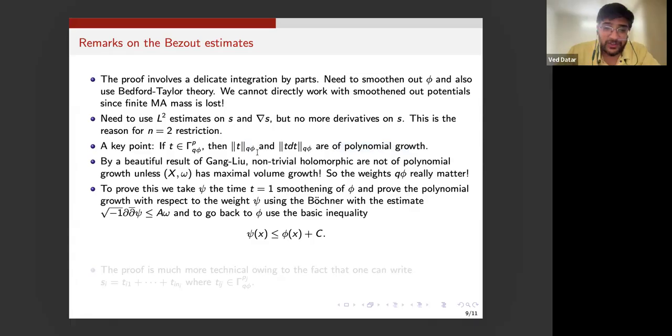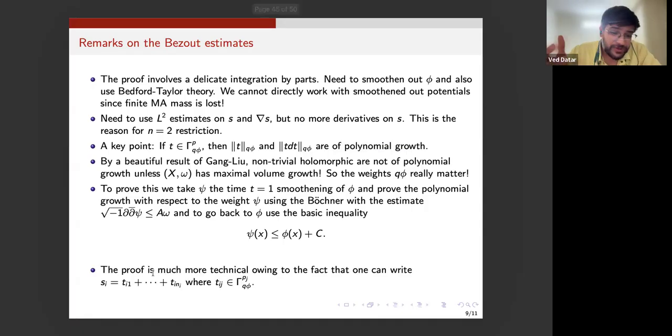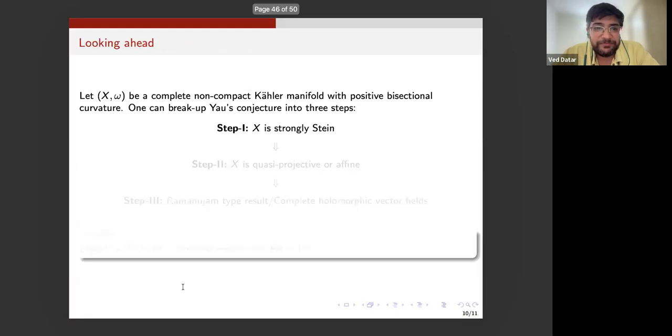But then to go back to phi, because of the lemma that Vamsi talked about, psi is less than or equal to phi, essentially. So the Hermitian metric of phi is smaller than the Hermitian metric of psi. And yeah, the proof is much more technical owing to the fact that we have to take sums of things that might lie in different L^p spaces. So the proof of these Bezout estimates is much more technical.